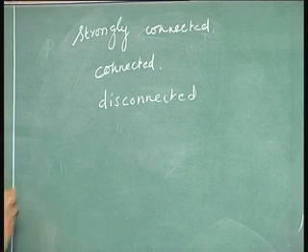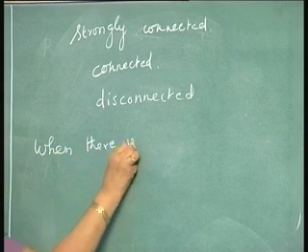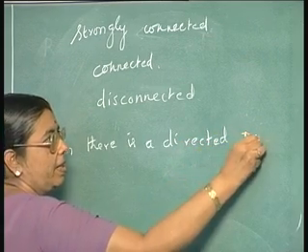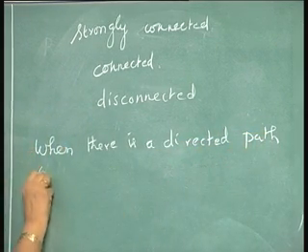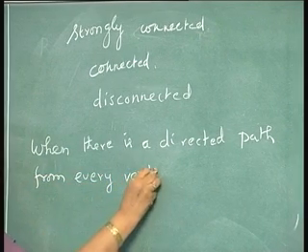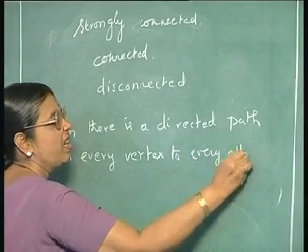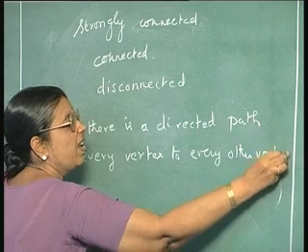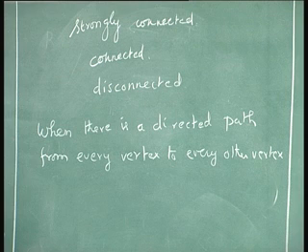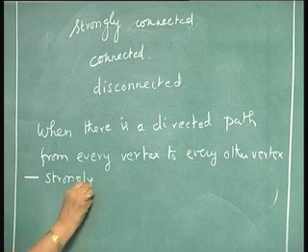When there is a directed path from every vertex to every other vertex, it is called strongly connected.